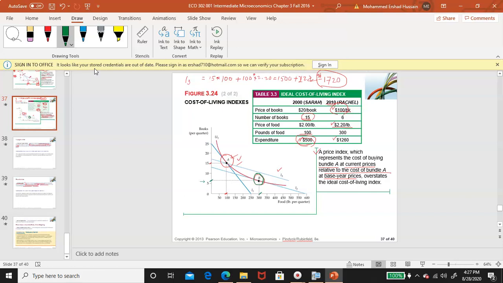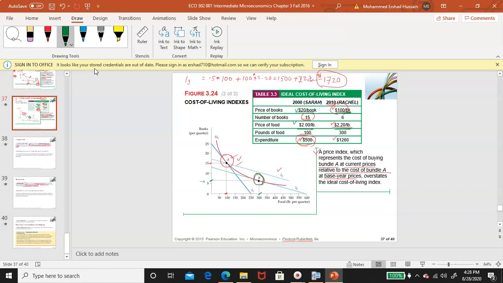So what is the cost of buying this at the base year price, $20 per book and $2, and what is the cost of buying that B at the current price? So 10 and 2.20, right?